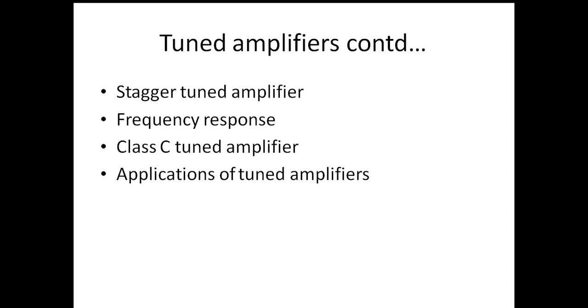And the frequency response of these two. So in this video lesson, we are going to discuss the stagger tuned amplifier. This is an extension to the double tuned amplifier circuit.